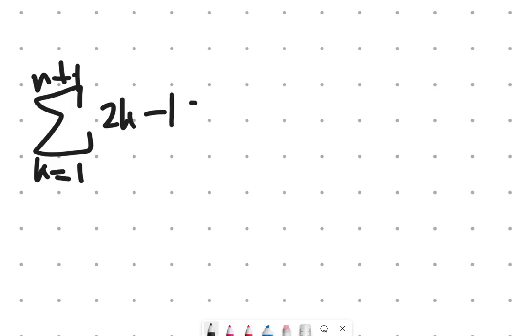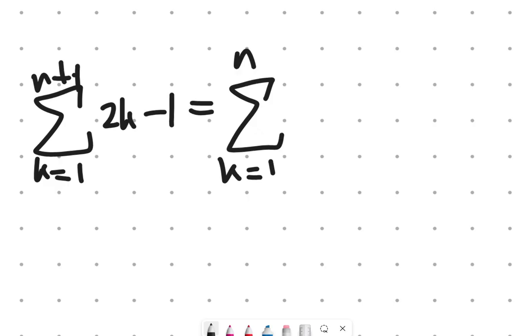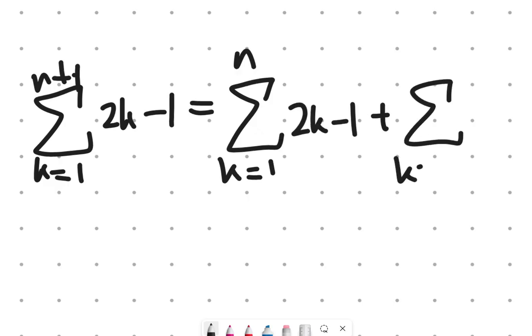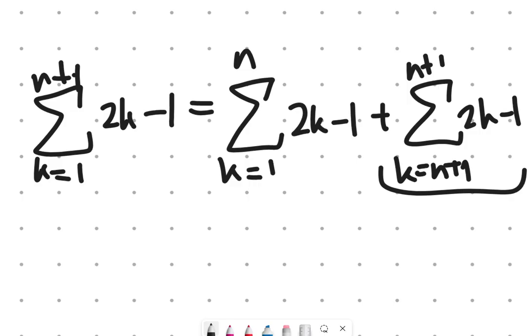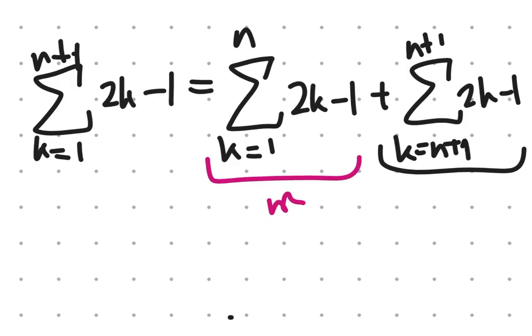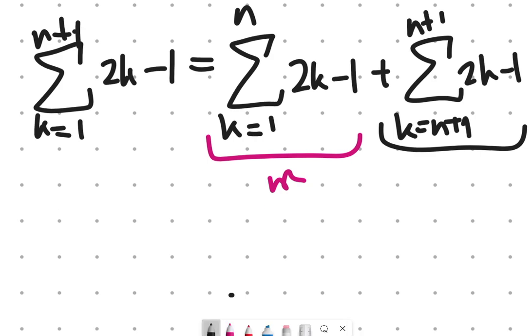So this should be equal to the sum where k goes from 1 to n of 2k minus 1 plus the n plus 1 term. So k goes from n plus 1 to n plus 1 of 2k minus 1. Here we're just going to plug in the n plus 1, and this first sum should be equal to n squared because this is what we just assumed.